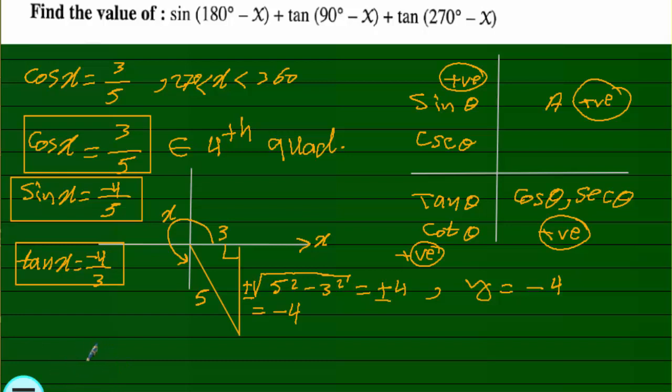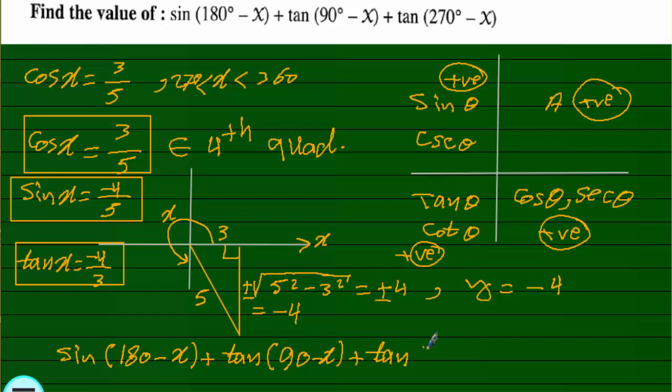We have the required: sine 180 minus x plus tan 90 minus x plus tan 270 minus x.